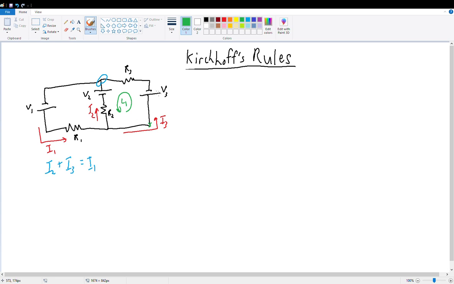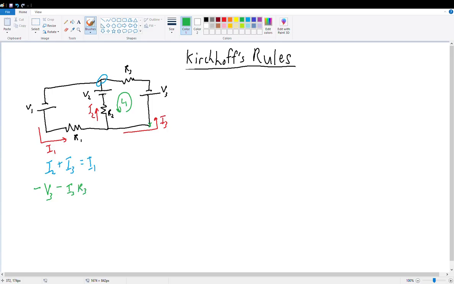So we're going up through V3, which means we're going from positive to negative, so we get a negative V3. Then we have to pass through our resistor. Our current is going in the same direction as our loop. Anytime your current and loop are in the same direction, it is negative. So this is going to be minus I3R3.